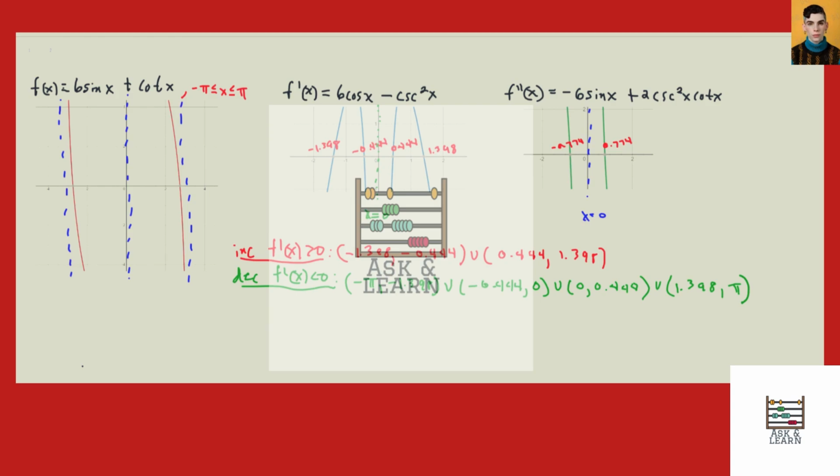Now we can go ahead and say whether these critical values are going to be maxes or mins. So our first point here, we're decreasing into it because the derivative is negative to the left, and it's increasing after, so we will have a local min at that point. Our next value, we're increasing into it and then decreasing after, so that would tell us this is a local max.